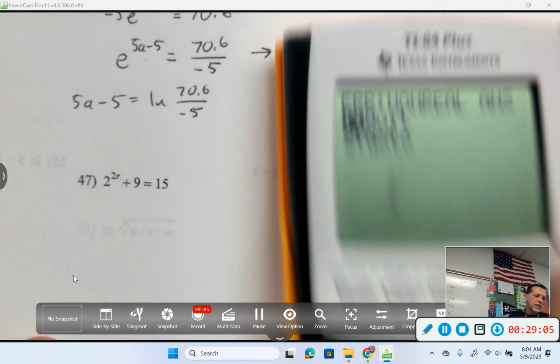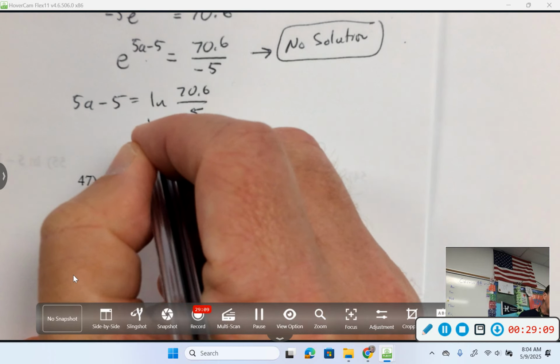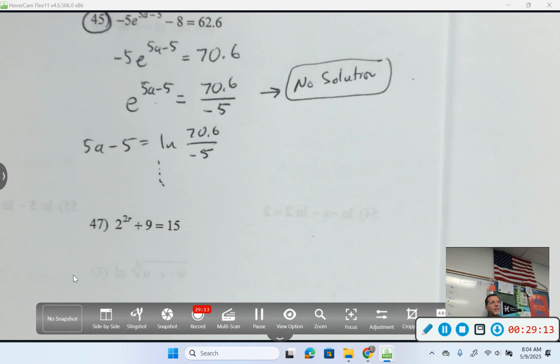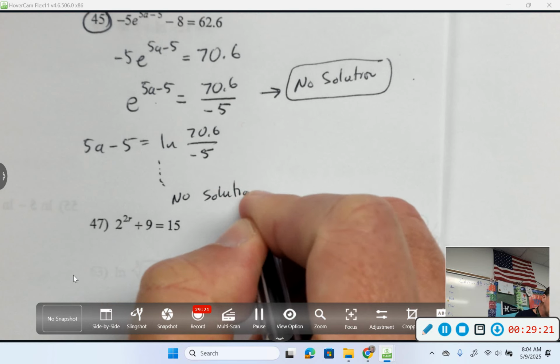So, hopefully you're paying enough attention where you catch it early. Most of the time, even good students don't always do that because they're kind of locked in on follow the process, follow the steps, log both sides, move things around. But eventually, hopefully you'll land at no solution.